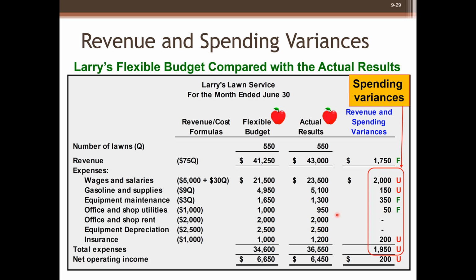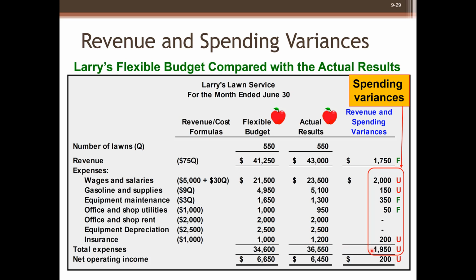That's because the weather is good in June, so the utility bill is less. For insurance, spending variance is unfavorable because insurance premium has increased. So actual insurance expense is more than expected for the same level of activity.